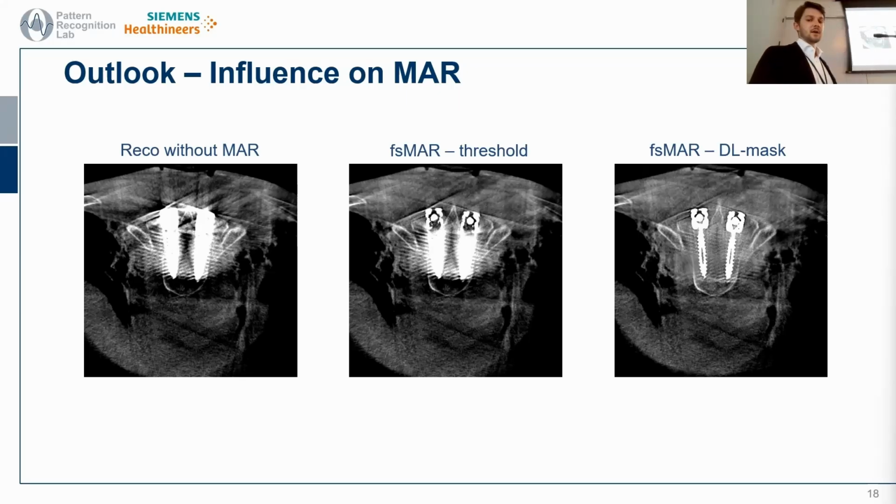However, if we plug in the segmentations we get from the 3D U-Net, we get quite clearly reduced artifacts. And yeah, this is just a cherry-picked example to visualize the effects on the method.